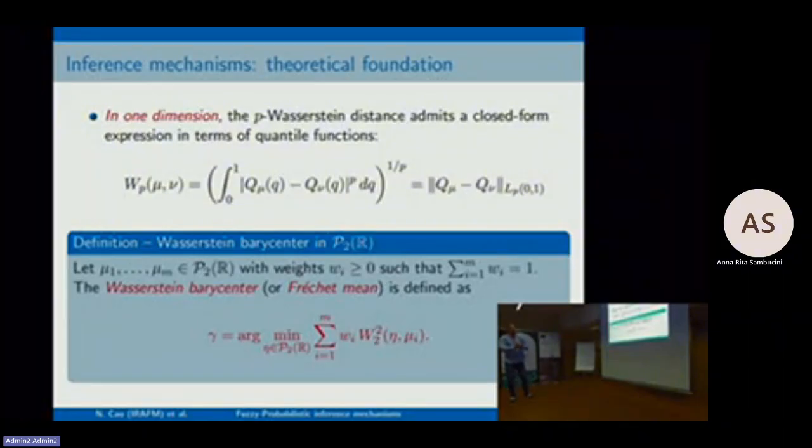Okay, so we have some kind of LP01 metric, and this metric is applied to the distance between these two quantile functions.